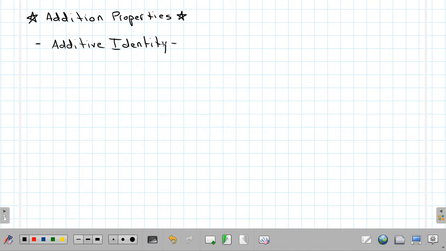Okay. And the additive identity property, what it tells us is, let me go down here, I want to leave a little space underneath the additive identity there.